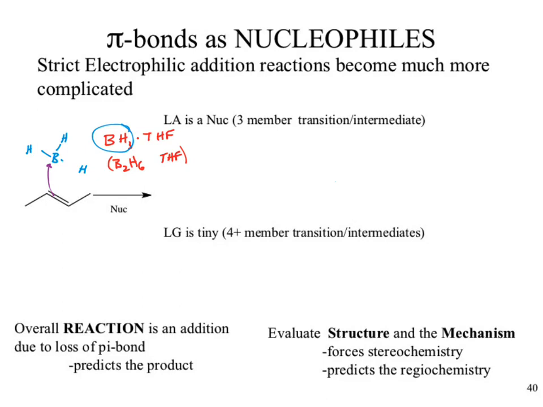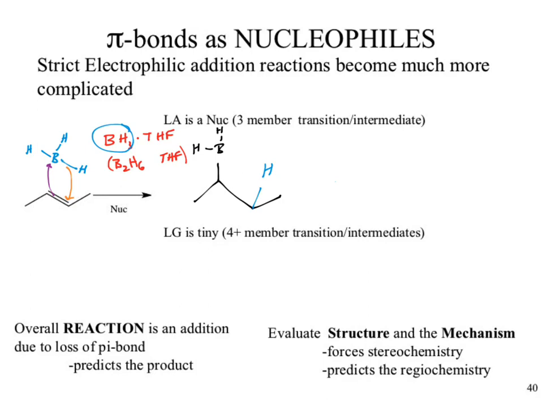Those electrons immediately come back and attach, and the result being the addition of the boron and the hydrogen across the double bond.